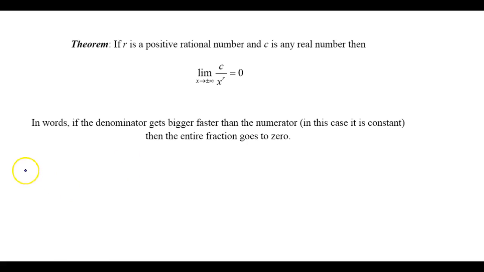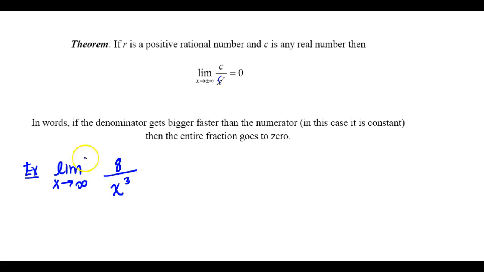Let's think about this with a quick example. Let's say I want the limit as x approaches infinity of, let's put any old number, 8 over x to the r. r is a positive rational number, so let's say x cubed. So the limit as x goes to infinity of 8 over x cubed.